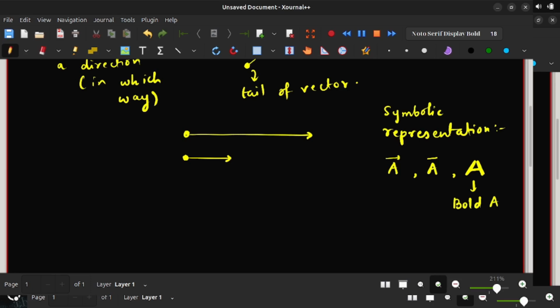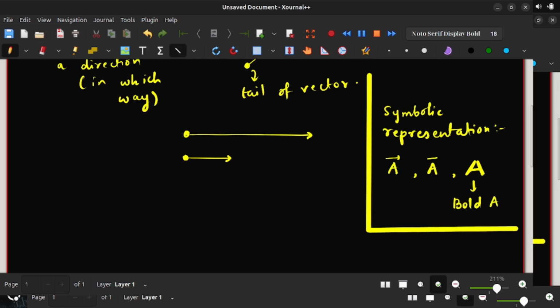So let me say that I have a vector like this, a vector A, and you have a vector B. Then just by looking at this, what did I say? That the magnitude of a vector is equal to the length of the vector, no?